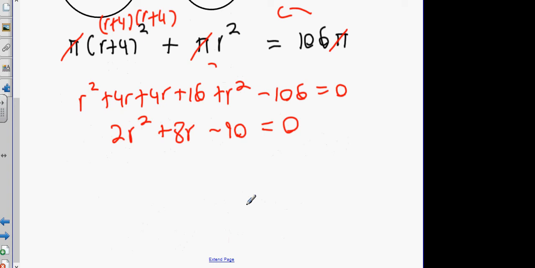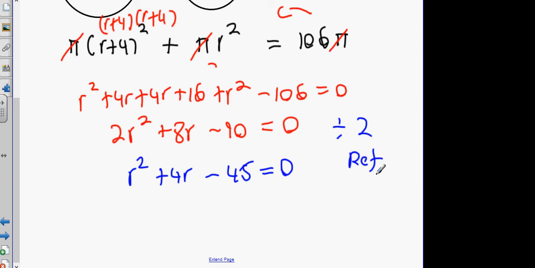You could do the reference number right away, but what you'll notice is all of them are divisible by 2. Because they're divisible by 2, we can divide everything by 2. We'll get r squared plus 4r minus 45 equals 0. The reference number is minus 45. Two factors that multiply in will be 9 and 5. 9 has to be bigger because it's plus 4, so it's going to be plus 9, minus 5.